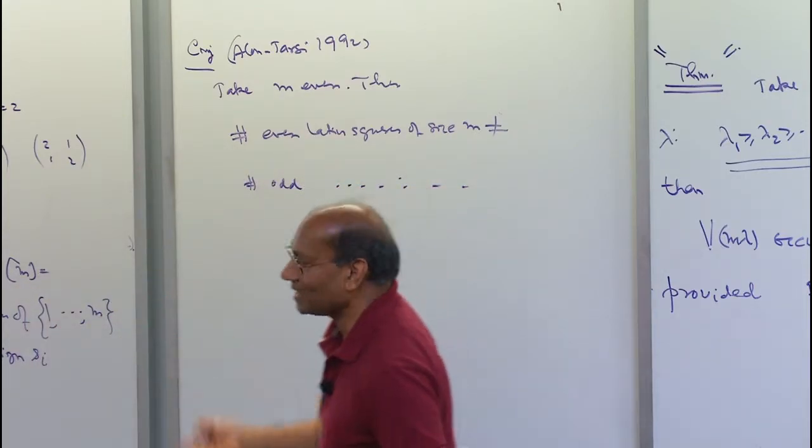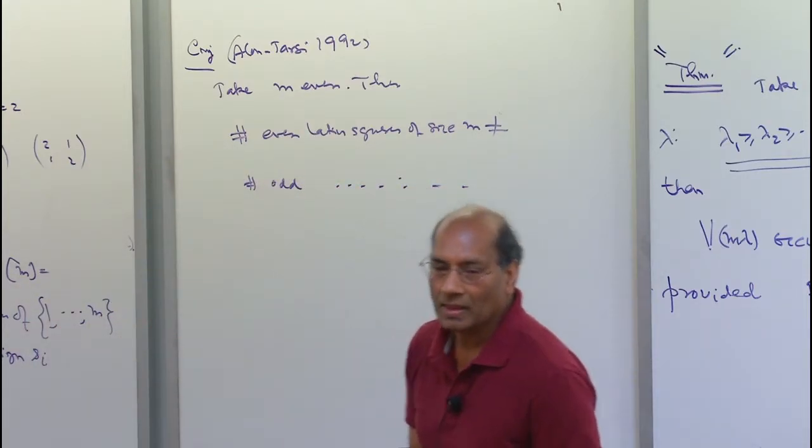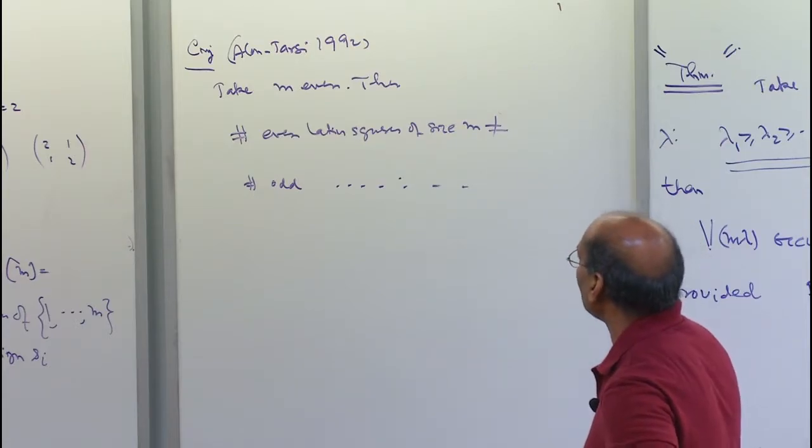Even just means that the sign is +1, odd means sign -1. So they made this conjecture in 1992.